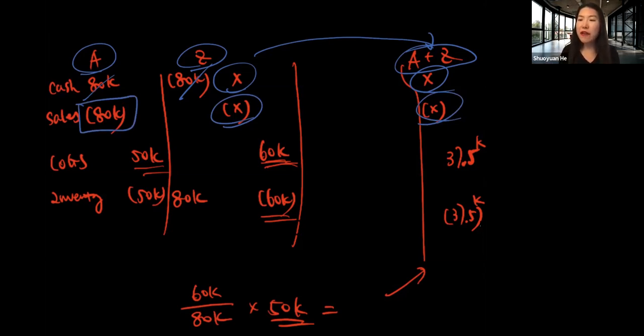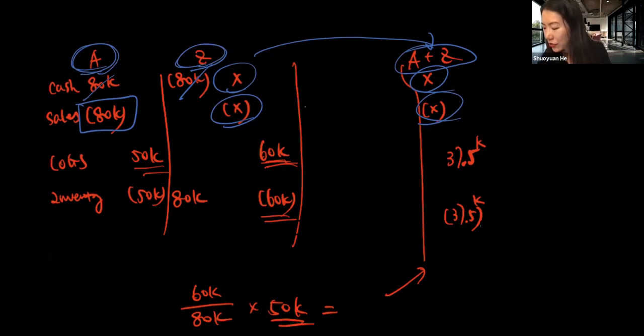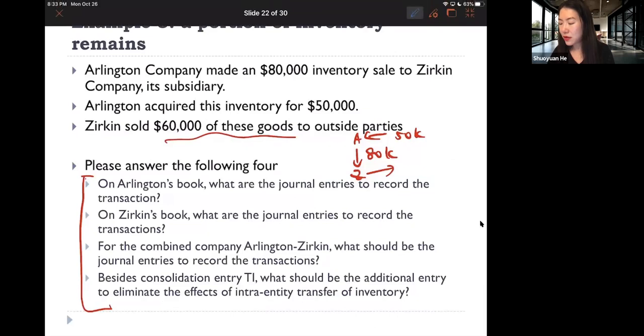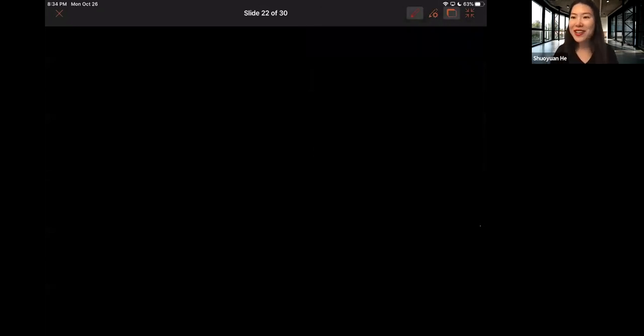So sales, if you combine the two, if you just take A's firm and Z's... Sorry, I need to write it again. Please take some more time to work on it on your own. I need to rewrite everything.